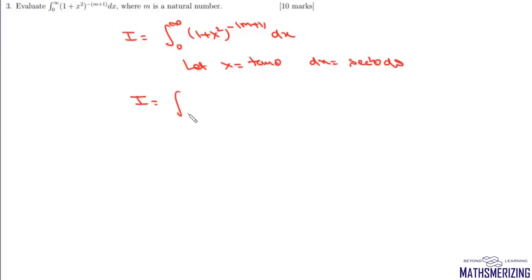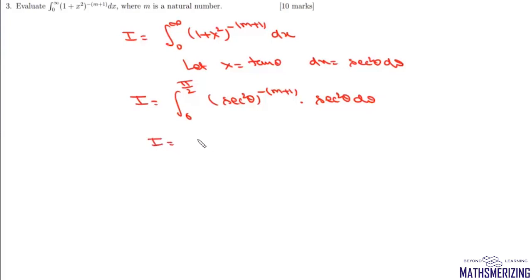When x is 0, theta is 0, so the integral goes from 0 to pi by 2. Now 1 plus tan square theta is secant square theta. So it will be secant square theta to the power minus m plus 1, into secant square theta d theta.